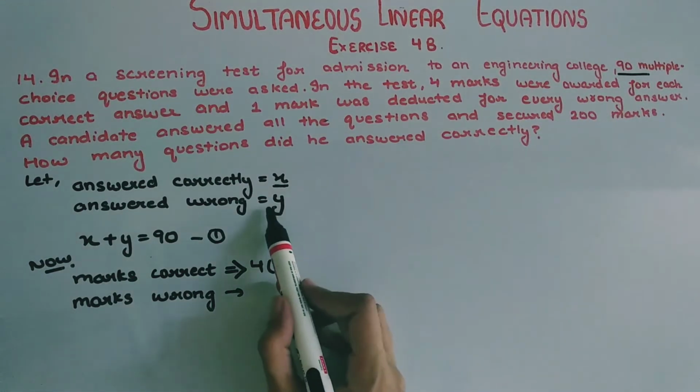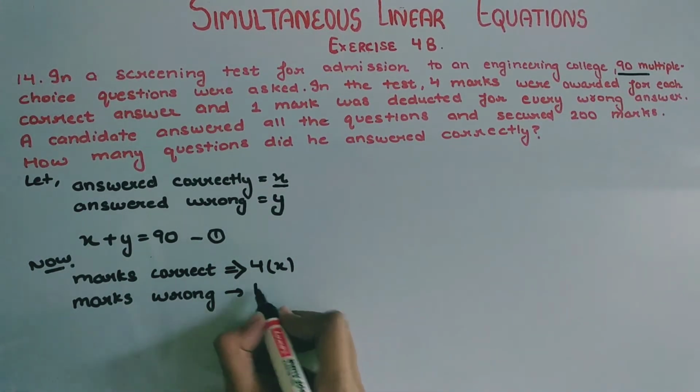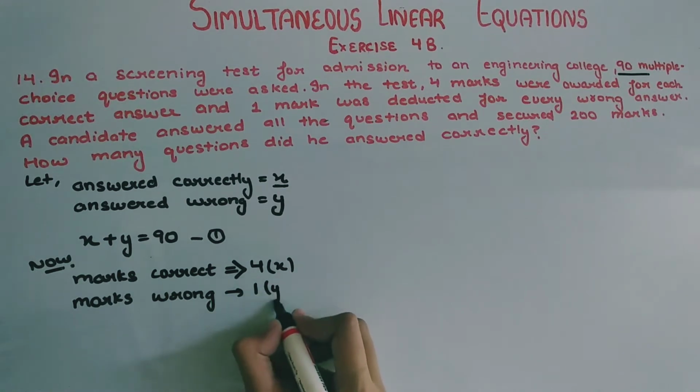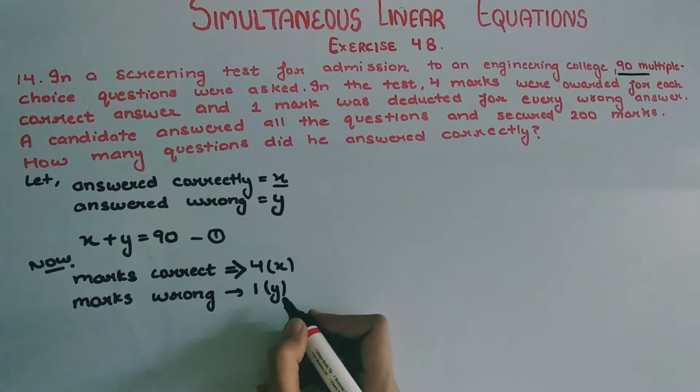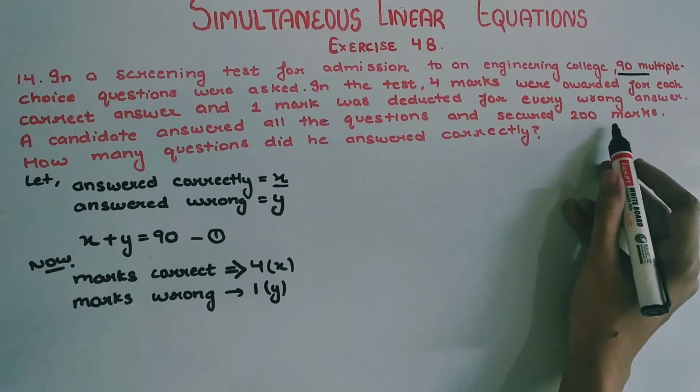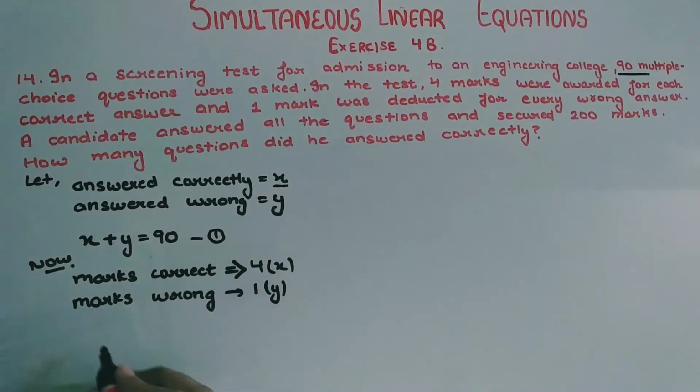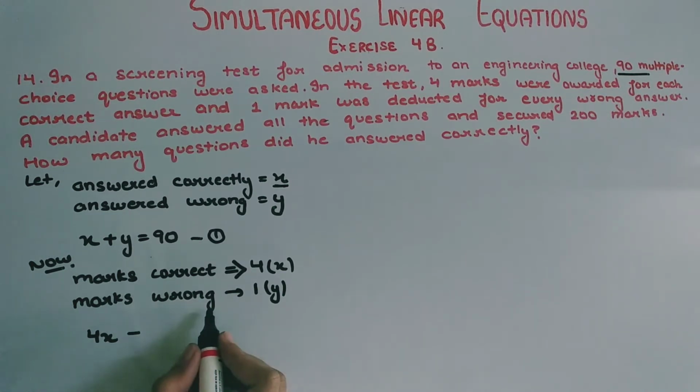The total number of wrong answers was y. Marks deducted for wrong answers would be 1 multiplied by y, and he secured 200 marks. Means total marks for correct answers were 4x minus the deducted marks for wrong answers, y, that are 200, because the total marks scored by the candidate is 200. Let this be our equation number 2.